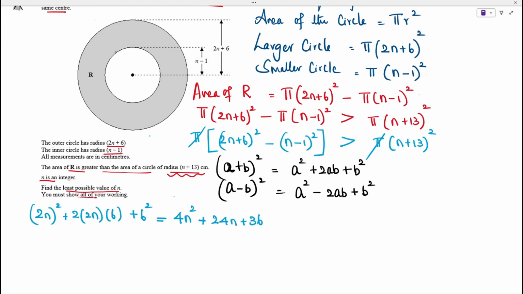Next we'll be doing (n − 1) the whole squared. In this we have a² − 2ab + b². So we have n² − 2 times n times 1 + 1², and this is equal to n² − 2n + 1.